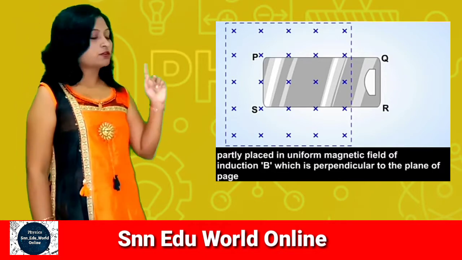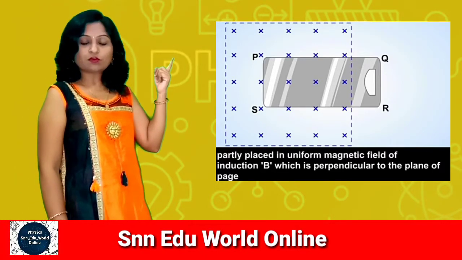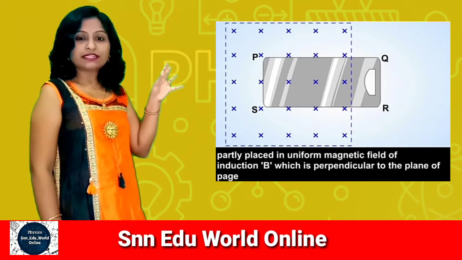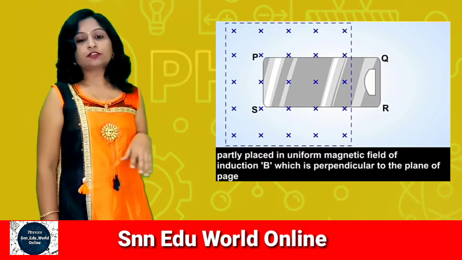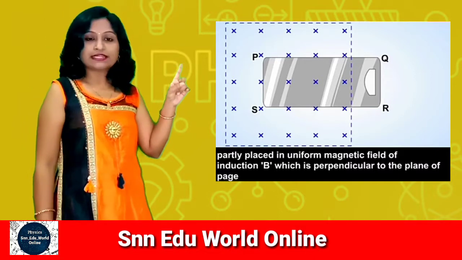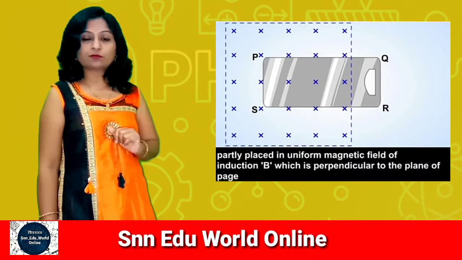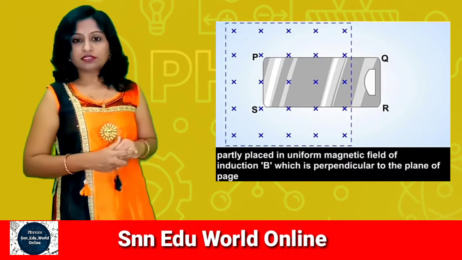So this PQRS is partly placed, meaning some portion is placed inside the magnetic field, and that magnetic field has value B and the direction is perpendicular to the plane of paper. Now this cross sign indicates that the direction of the magnetic field is perpendicular to the plane of paper and it is going inside the plane of the paper.